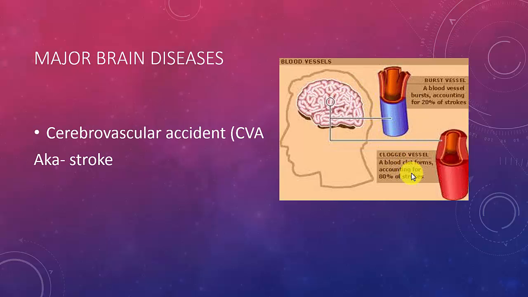Another and much more common way of receiving a stroke is getting a blood clot. And what happens here is over time we get blockage in this blood vessel because this blood vessel is just like every other blood vessel in our body. Blood flows through it, fatty deposits, cholesterol, all kinds of stuff can cake on the side here, and over time it can block and narrow the passageway.